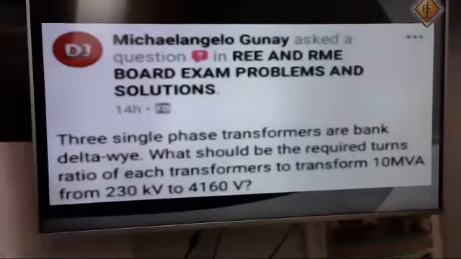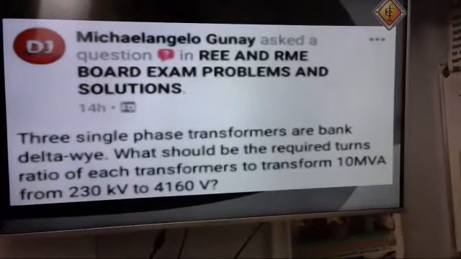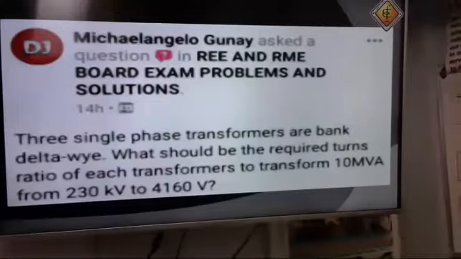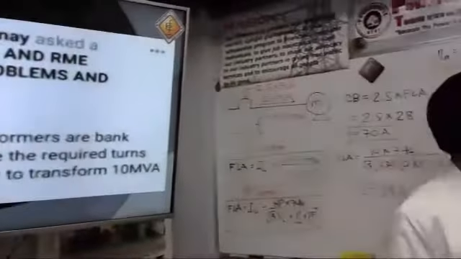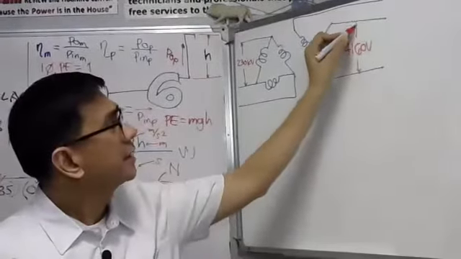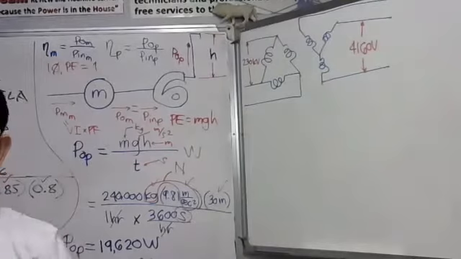Now, 230 kilovolts to 4160 volts. The question is the required turns ratio.